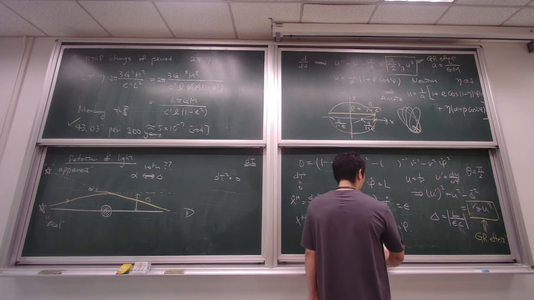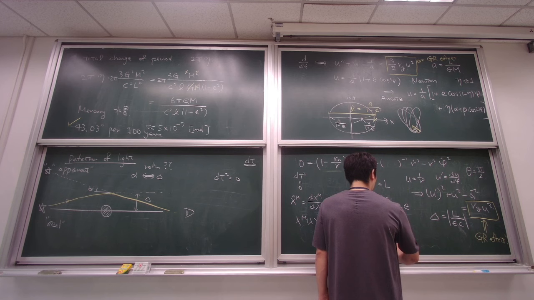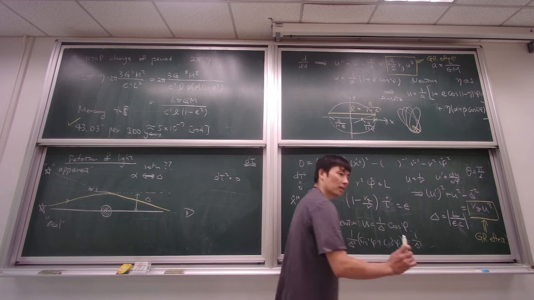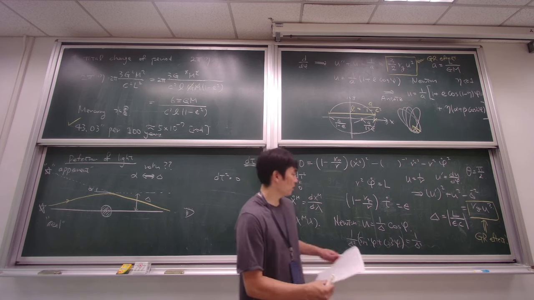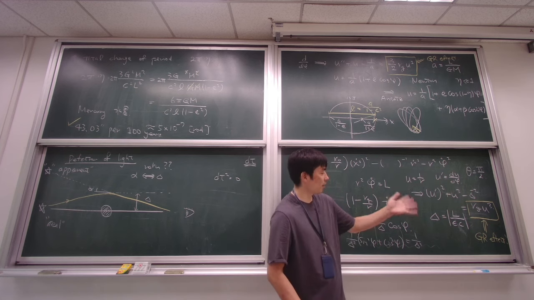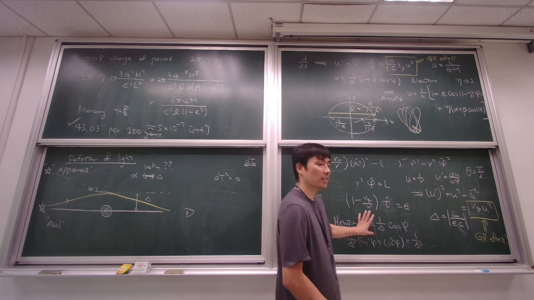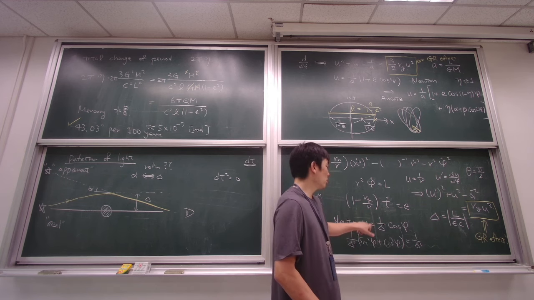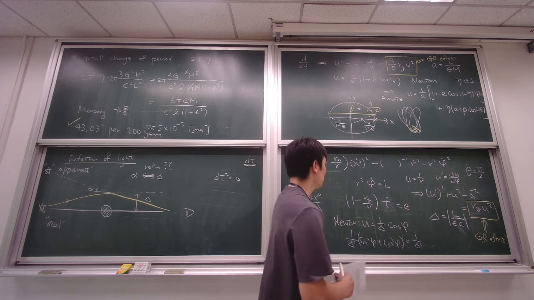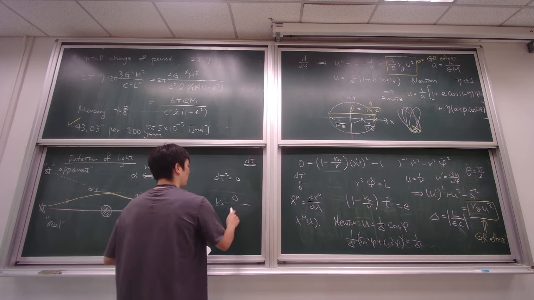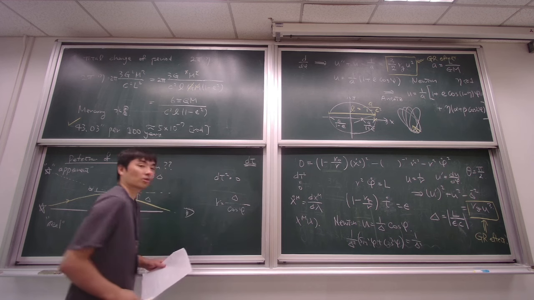And then plus cos phi square is equal to 1 over delta square. So if you ignore the right hand side, this is the solution. What does it mean? u is 1 over r, so this means that r is equal to delta divided by cos phi, right?